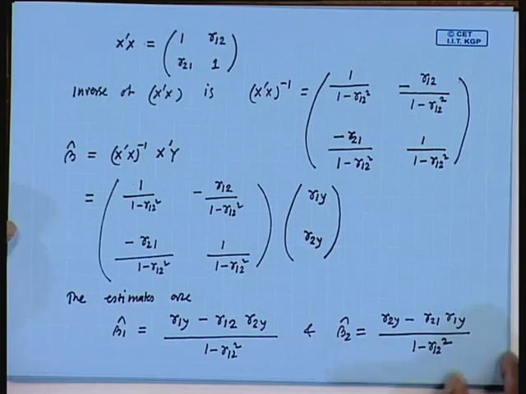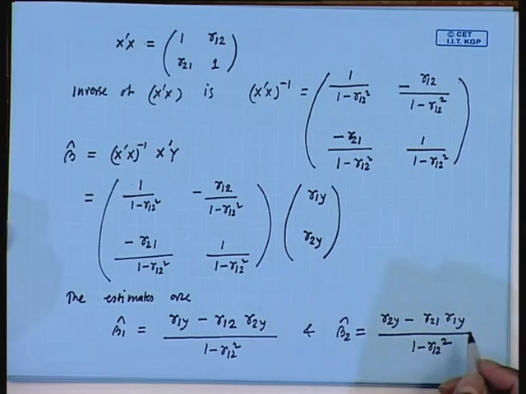So what I said, if there is a problem of multicollinearity in the data, then that results in large variance and covariance of regression coefficients. Right now we have the least square estimator of the regression coefficients beta 1 and beta 2.